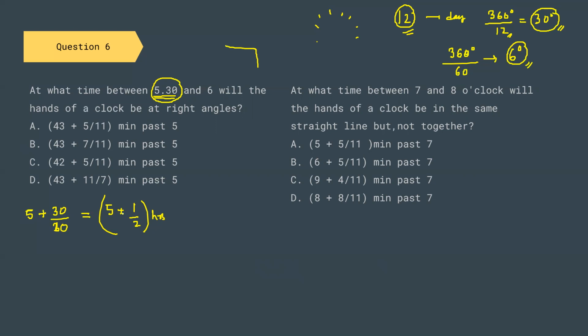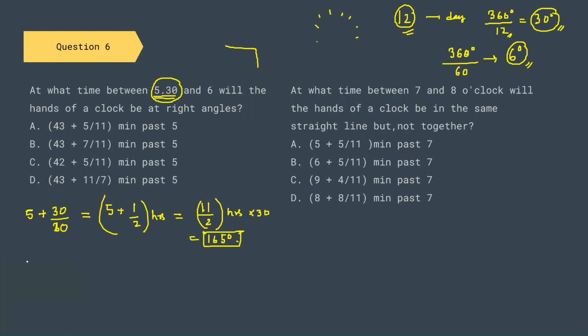So at 5:30 p.m. the hour hand has moved 5 plus half hours, that equates to 11 by 2 hours. And we know that for every hour, the hour hand completes 30 degrees. So for 11 by 2 hours, it is 11 by 2 into 30, that is equal to 165 degrees. This is our value number 1. We are going to mark this as important.